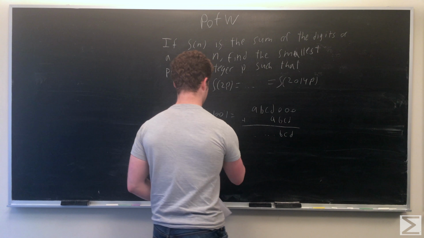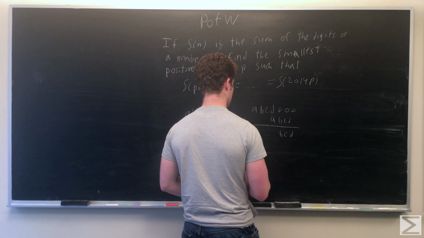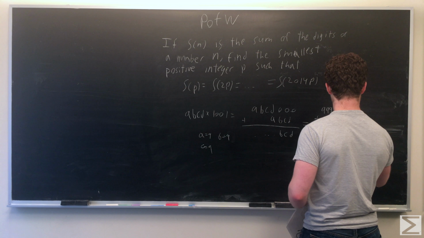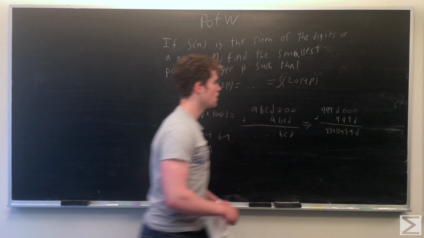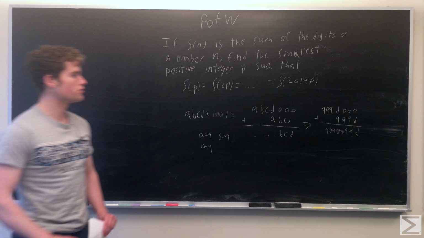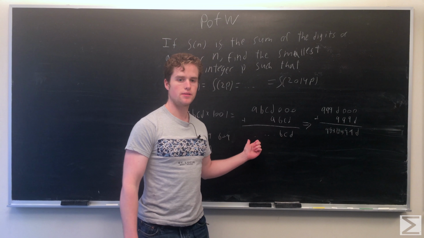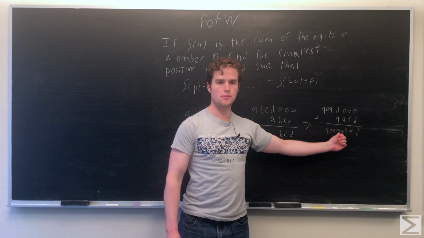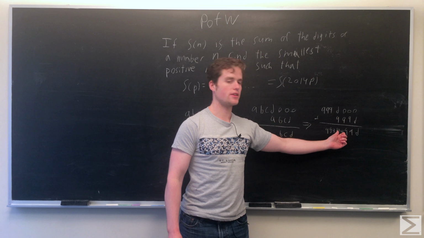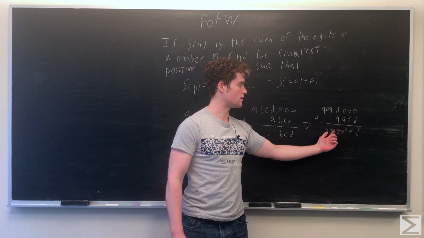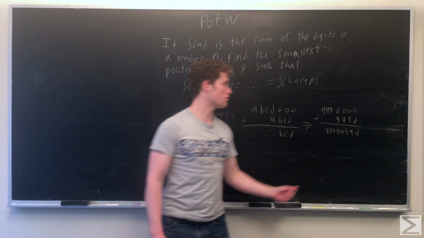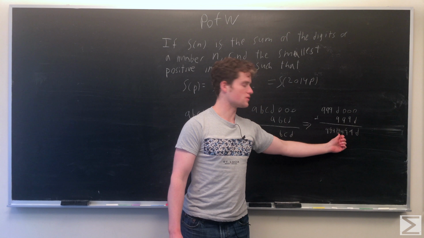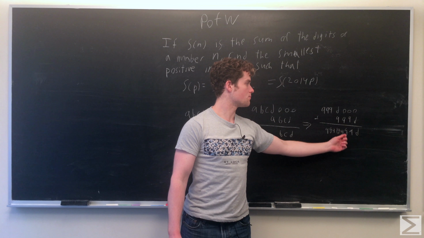And so we can conclude A, B, C must all equal 9. And so 9 plus d, we want that to be greater than or equal to 10. If it's not, these 3 digits will stay 999. Again, we have an issue that the sum increases.